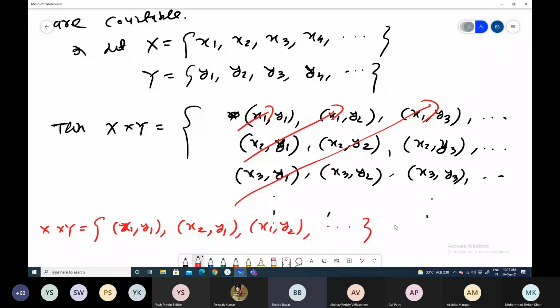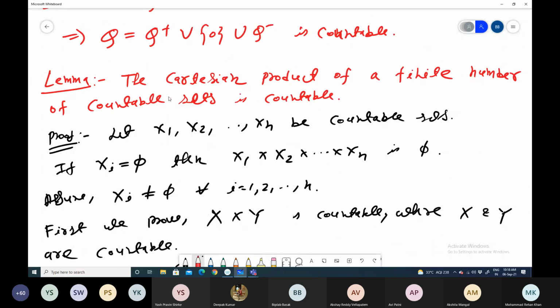So we are done. Is that fine? Yes, sir. So therefore we prove that if you have a finite number of countable sets and you take their product, then it is countable.